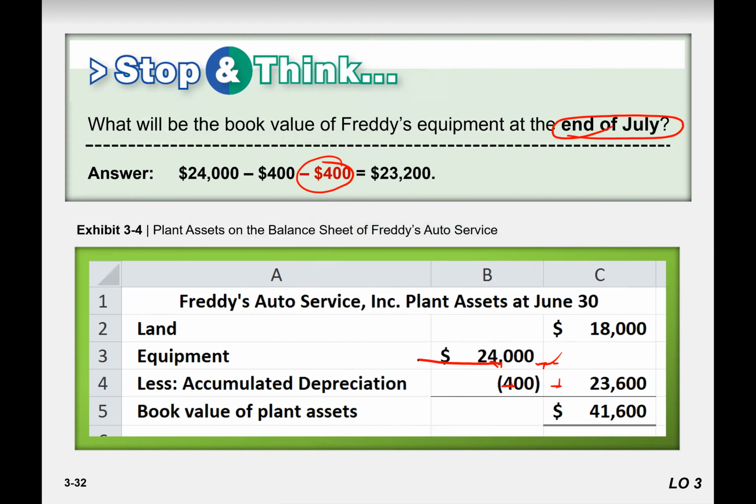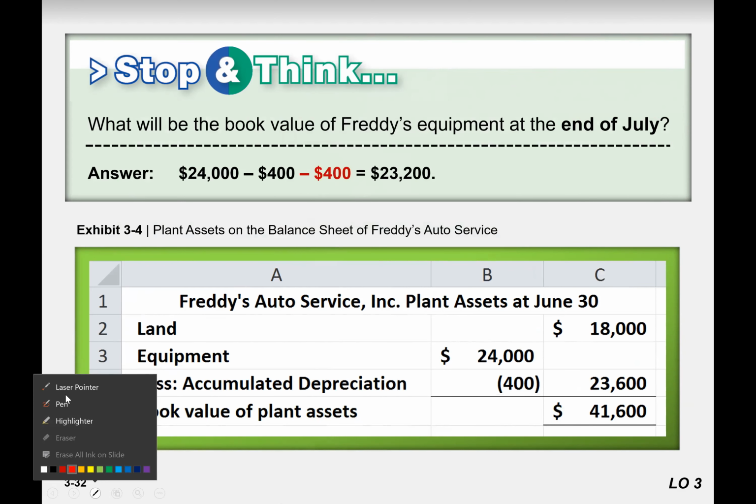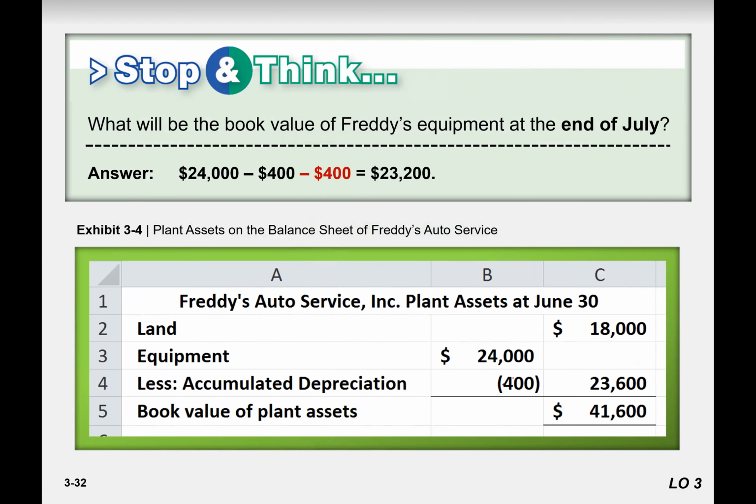Sorry, cannot write. This 400 becomes 800. Let me just clear this one. Here it's going to be 800, and this will become 23,200. Total assets will be 41,200.